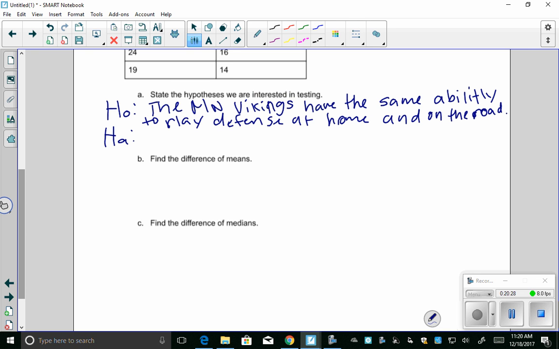All right. The null hypothesis is that the Minnesota Vikings have the same ability to play defense at home and on the road. Correct.